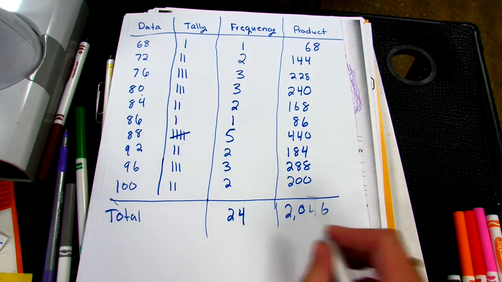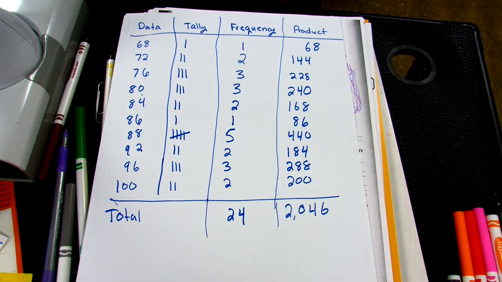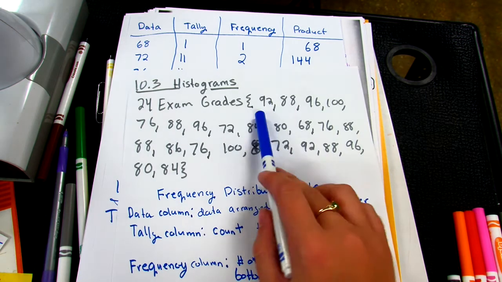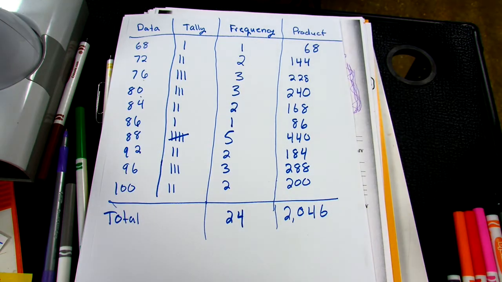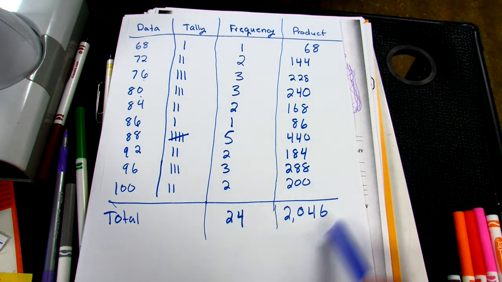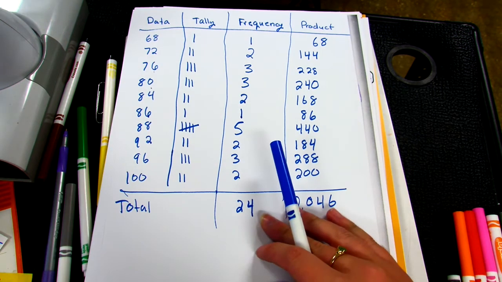So remember, this total number here represents, if we were to add up this original set, all of these numbers together, we would get 2,046. Okay, so that's why a frequency distribution table is so important, because it gives us these numbers pretty easily.